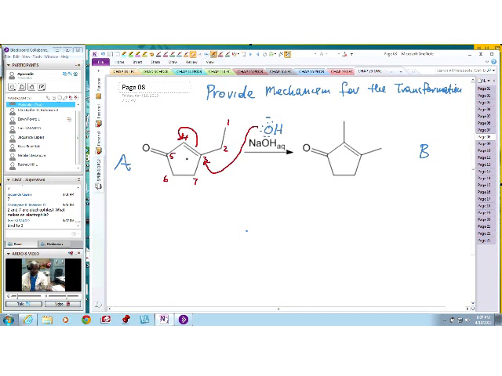We get this. We have a 5-member ring. We have the carbon-oxygen double bond. We have the OH as attack, and then once you do that, the pi electron.